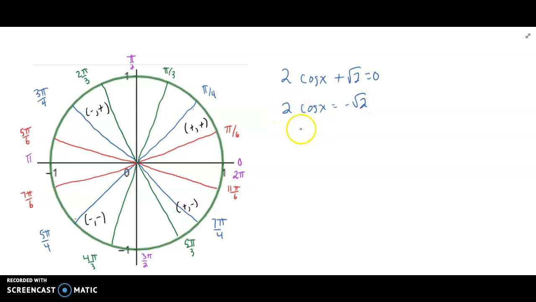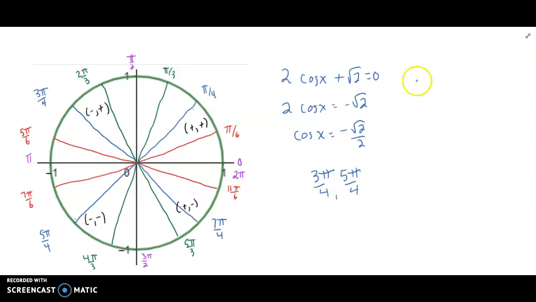Then I divide by 2 on both sides to give me cosine of x equals negative square root of 2 over 2. Now it's one of the more basic problems that we just looked at. Once we find that trig function by itself, we're looking for where that value is achieved. Cosine is negative in quadrants 2 and 3, and the root 2 over 2 happens at the pi over 4's. So it's 3 pi over 4 and 5 pi over 4.